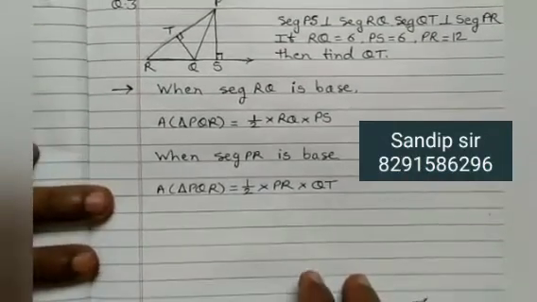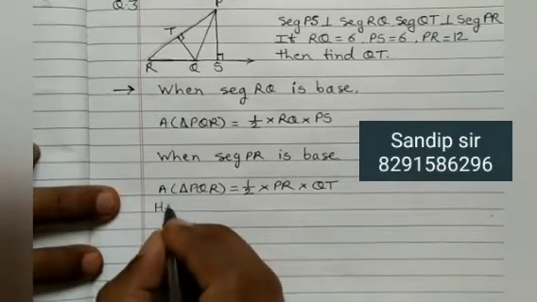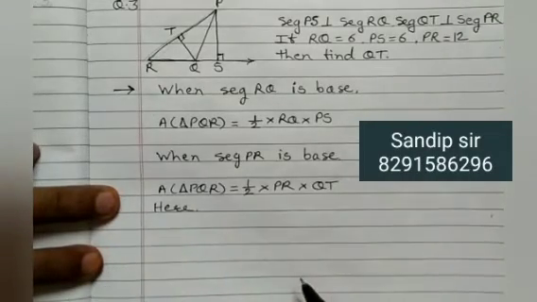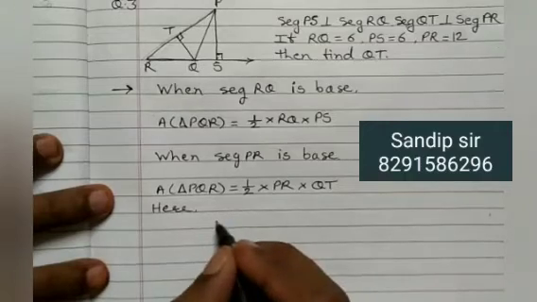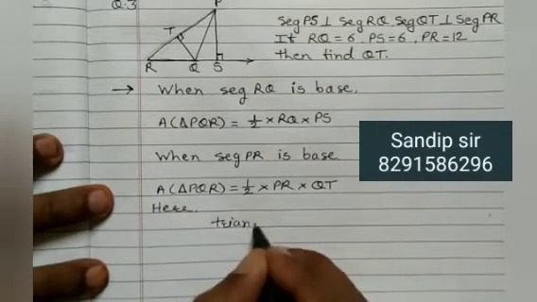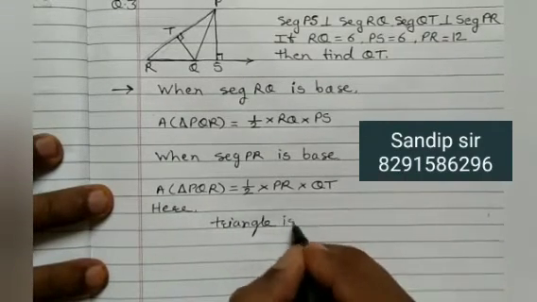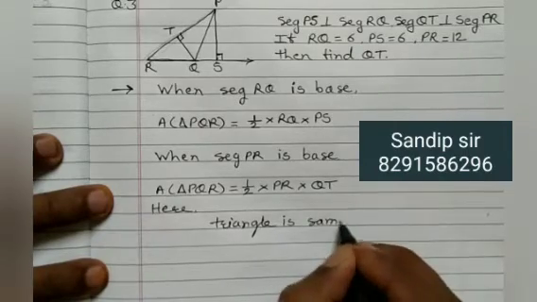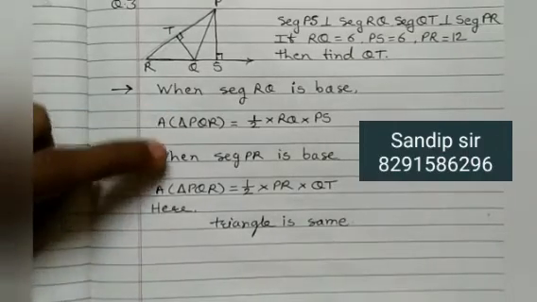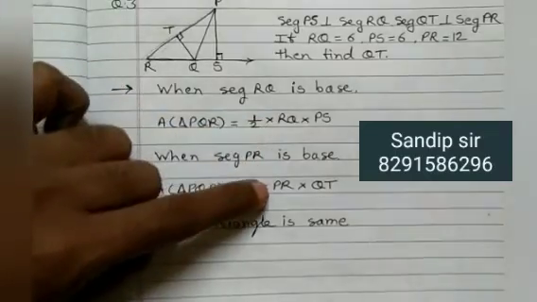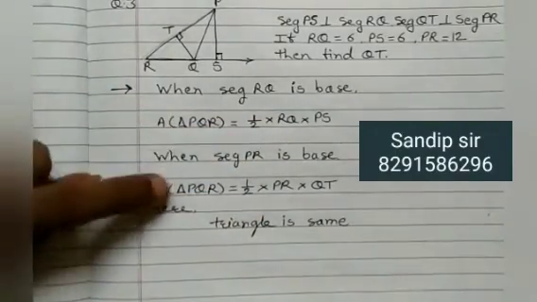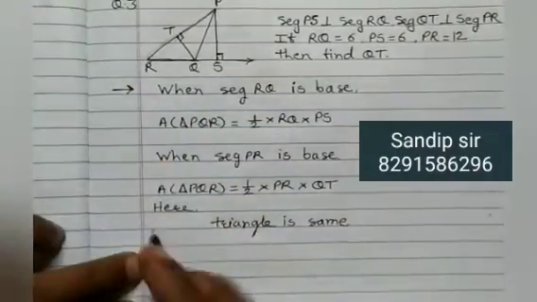Here triangle PQR is the same. If the triangle is the same, then area is also the same. Triangle same, area same.